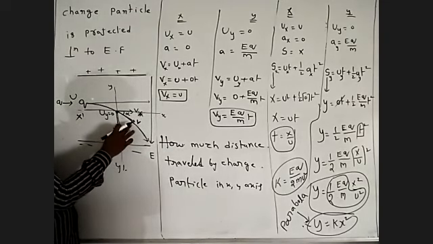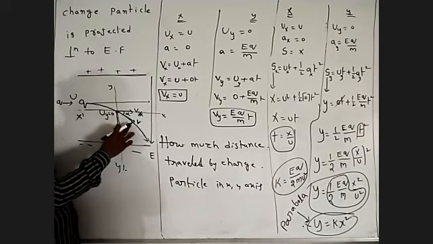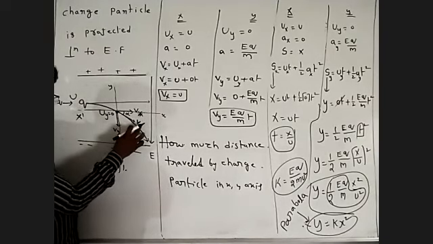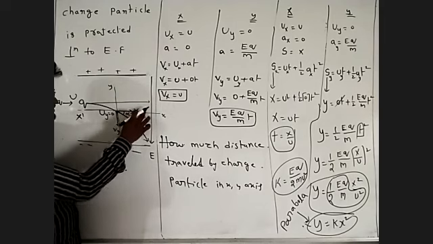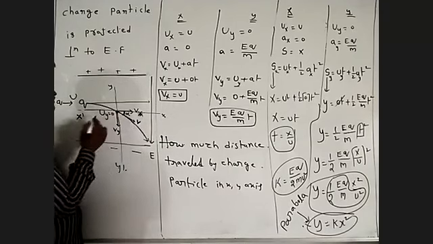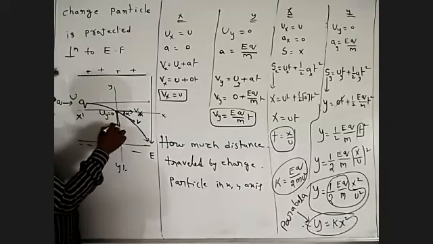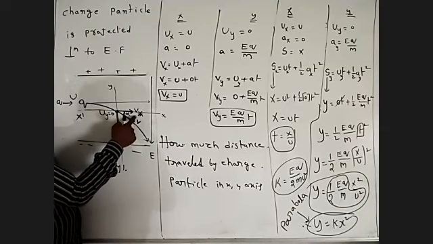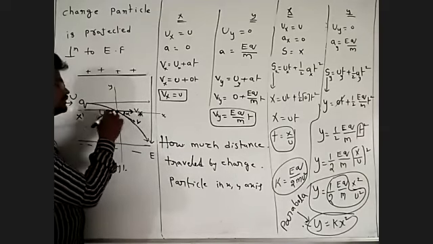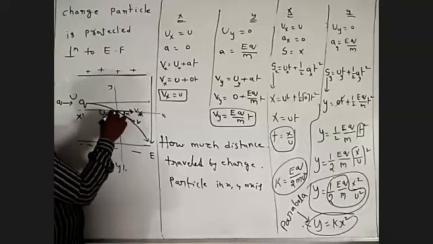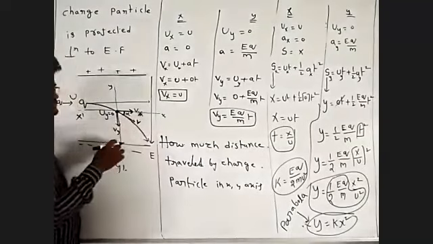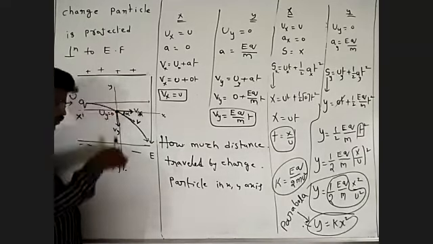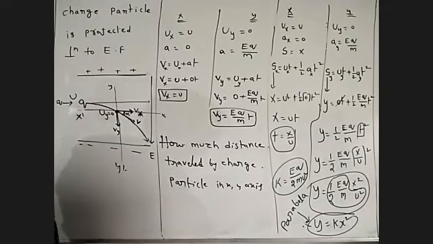The velocity of the charged particle can be resolved into two components, vx and vy, making an angle. The charge moves with a uniform velocity along the x-axis, and the charge is freely falling along the y-axis.